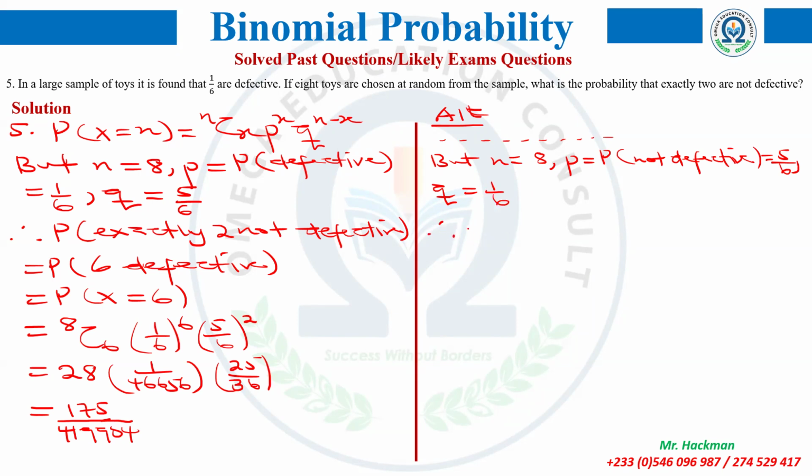Therefore, P of exactly 2 not defective will be equal to, because we pick not defective as our success, it means straight away we can use our x. So x will be equal to 2. Do you agree?